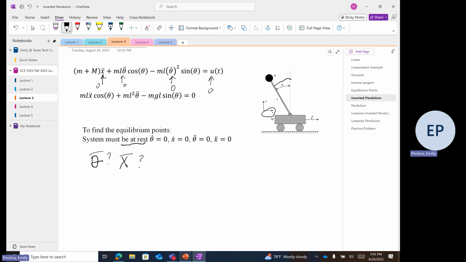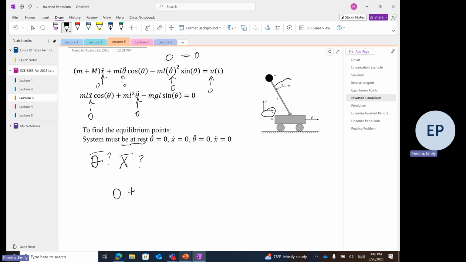Well, basically, that means that 0 is going to be equal to 0. That doesn't give us a whole lot of information about theta bar or x bar, right? So let's look at the second equation. If we plug in 0 angular acceleration, then what do we get? All the second derivatives and first derivatives we've set to 0.